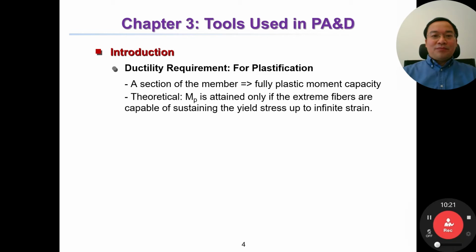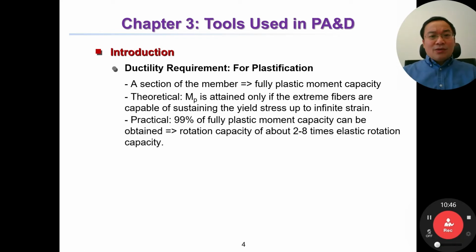Actually, it is an idealized concept. The steel fibers may not be capable of sustaining the yield stress up to infinite strain. But in practice, it has been proved that 99% of the fully plastic moment capacity can be obtained. That is good news, right?